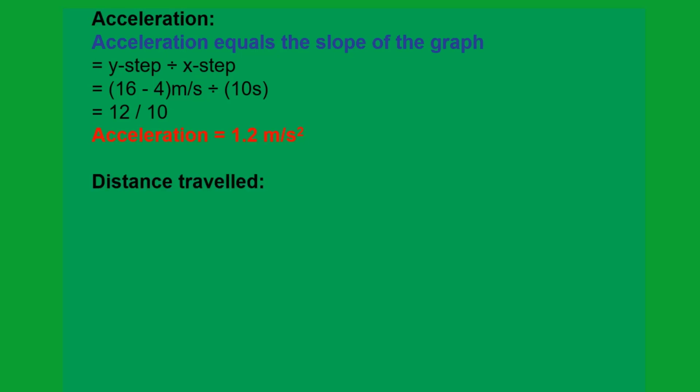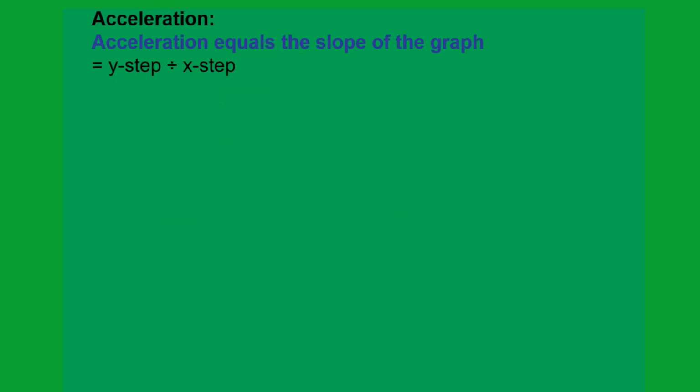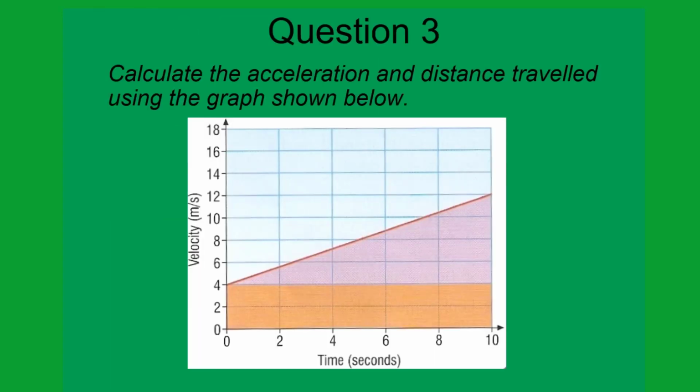On the other hand, distance traveled equals the area below the graph. So there are two shapes here: the area of the rectangle and the area of the triangle. Look at the graph again. First the area of the rectangle, then the area of the triangle.